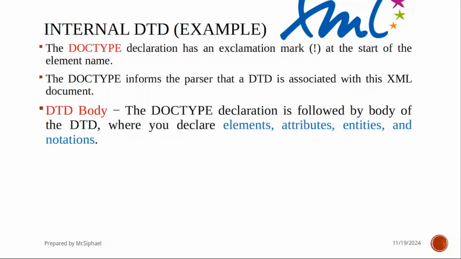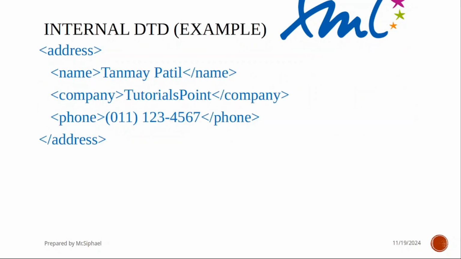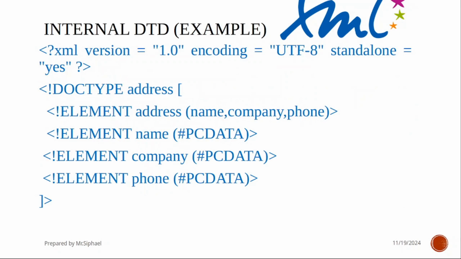The doctype informs the parser that a DTD is associated with this XML document. The DTD body follows the doctype declaration, where you declare elements, attributes, entities, and notations. Okay, so that's pretty much it.